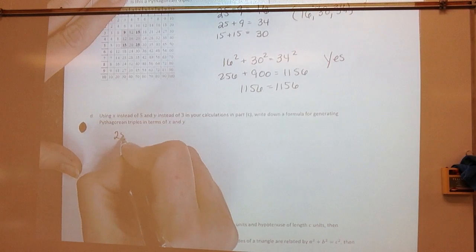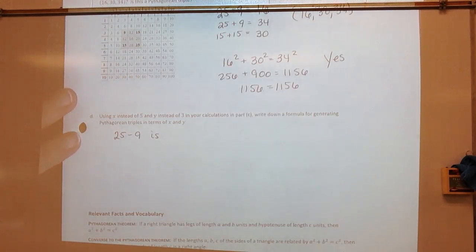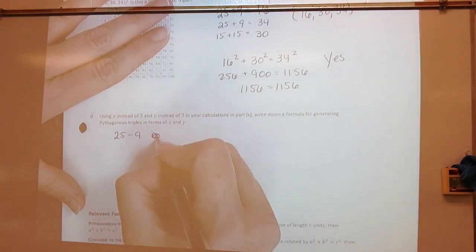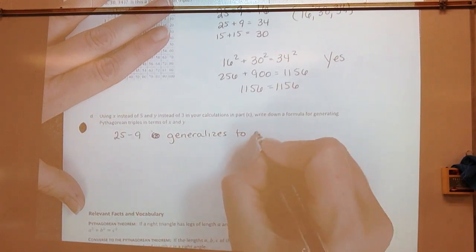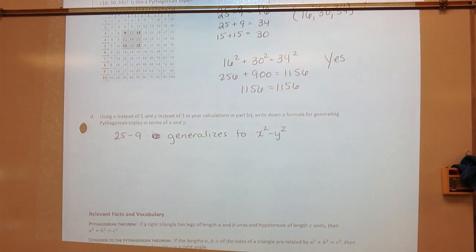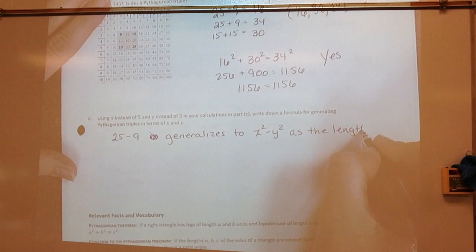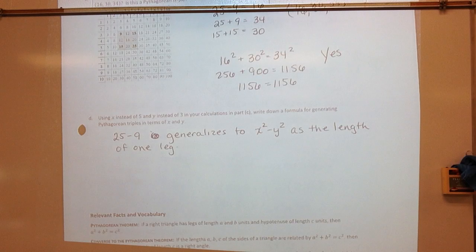So 25 minus 9 generalizes to x squared minus y squared. In other words, we're going to substitute that in as the length of one leg.